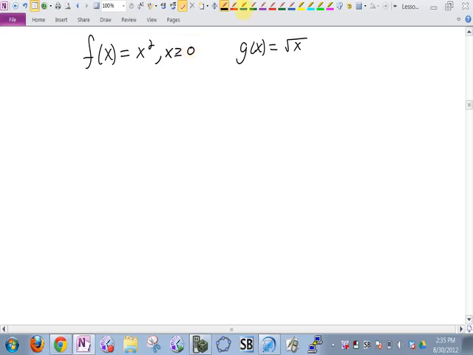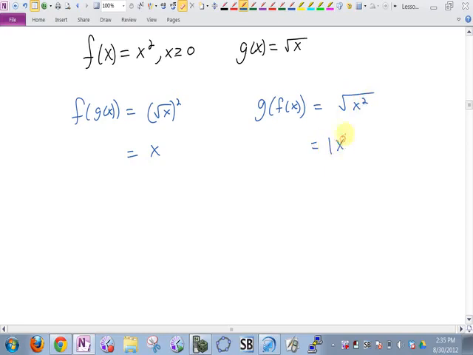Okay? Now when I compose them together, f of g of x, that is the square root of x squared. That still simplifies down to x. That's great. Now when I do g of f of x, I get the square root of x squared, which we just learned is the absolute value of x. But isn't x only going to be a number greater than or equal to 0?